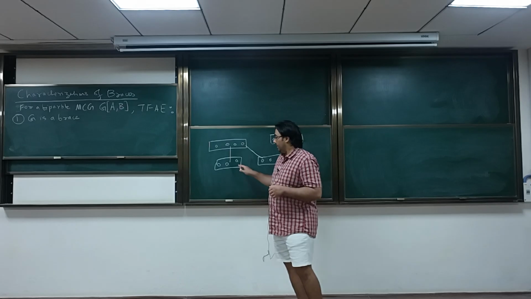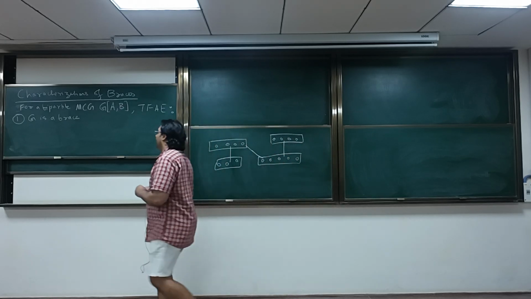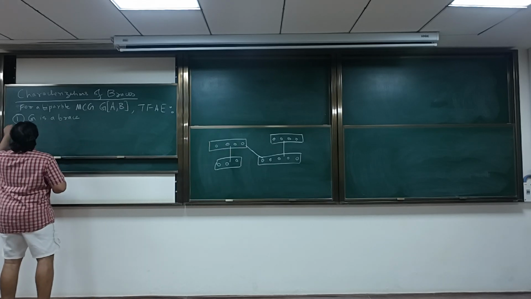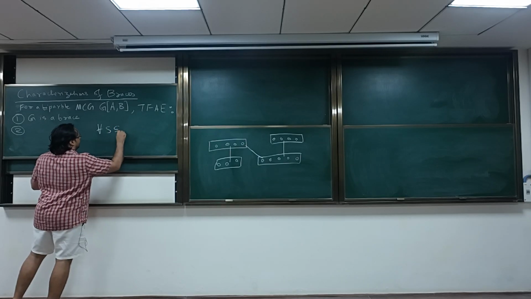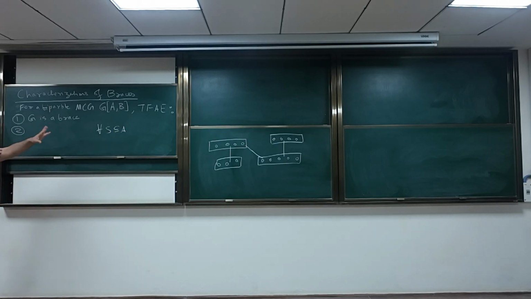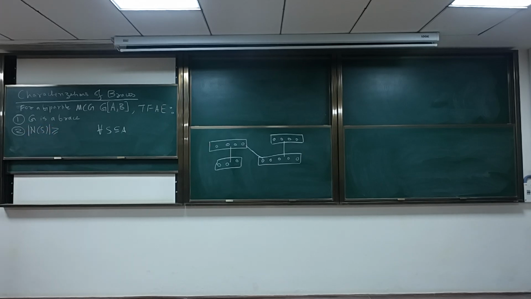So in fact you get a Hall type characterization for every set of, let's say, the A vertices. We will make that more precise later. What do you think should be the neighborhood cardinality? It should be at least plus 2, right?